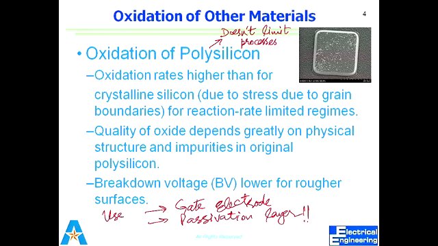Okay, so oxidation of polysilicon. You know what polysilicon is? Polycrystalline silicon. If I talk about the crystalline structure, how does crystalline silicon differ from polysilicon? Polysilicon has groups of grains. In a crystalline structure, we have long range order: the cubic structure repeats throughout the silicon.